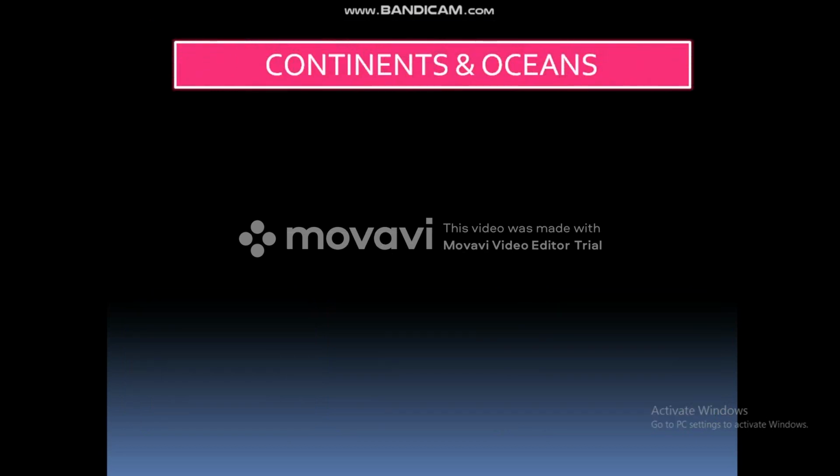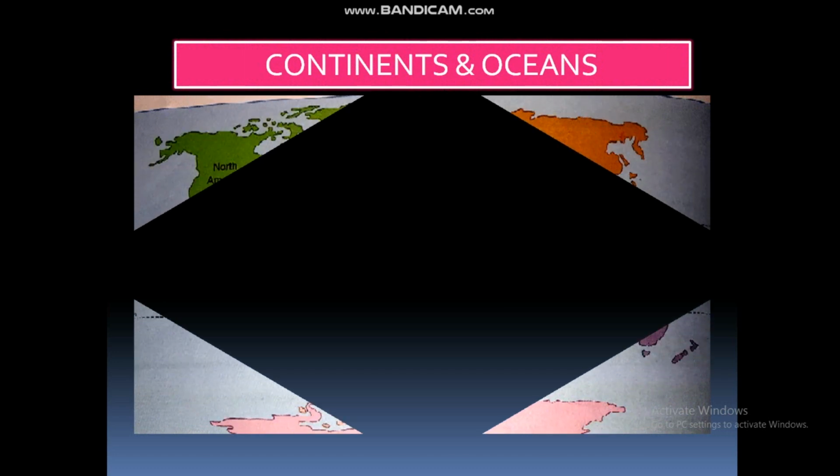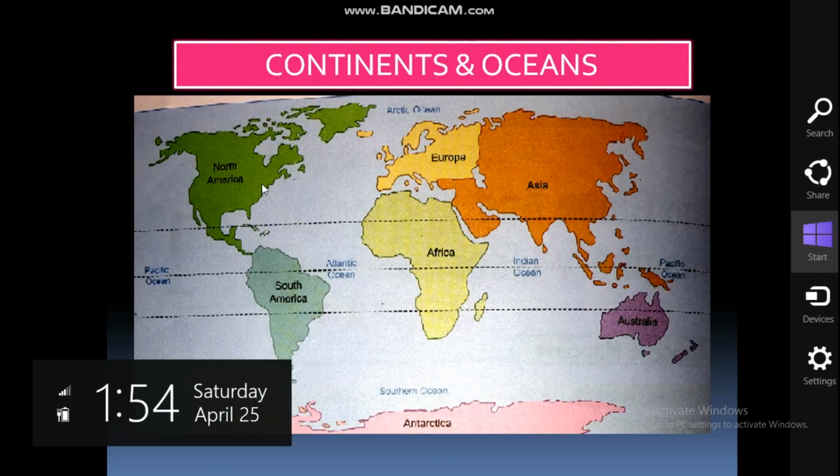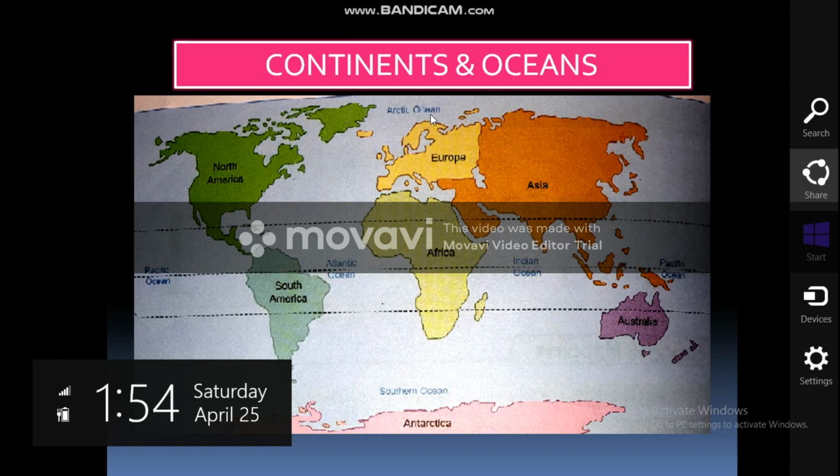Before understanding the globe, we need to know what continents and oceans are. So here is a picture. Here you can find that there are a total of 7 continents on the earth, and we can see these oceans: Arctic Ocean, Pacific Ocean, Atlantic Ocean.